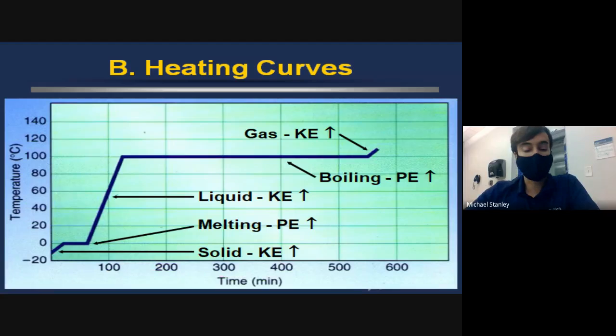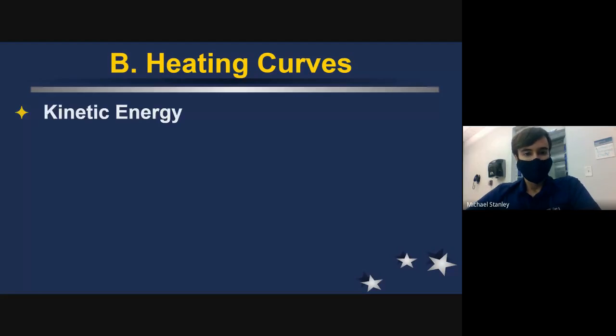The first thing that I want to mention before we actually jump into the heating curve itself is the idea of kinetic energy and potential energy. Kinetic energy, we actually already talked about a little bit.